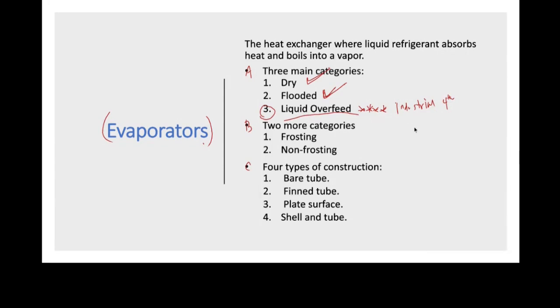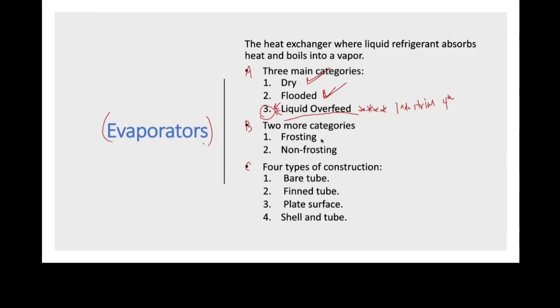And hopefully with the new edition of the third class, they will address the liquid overfeed. But I am going to cover it, okay? I am going to cover the liquid overfeed because it is so important. If you find yourselves working in a refrigeration plant, you'll be very confused. You won't know what to make of this thing unless we actually talk about it.